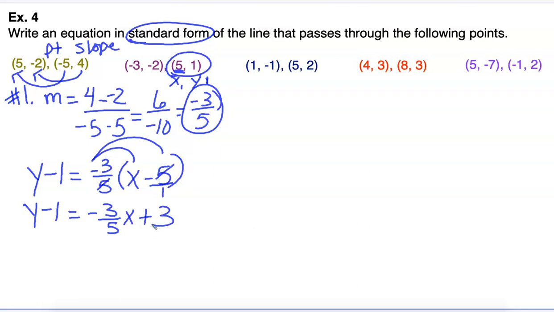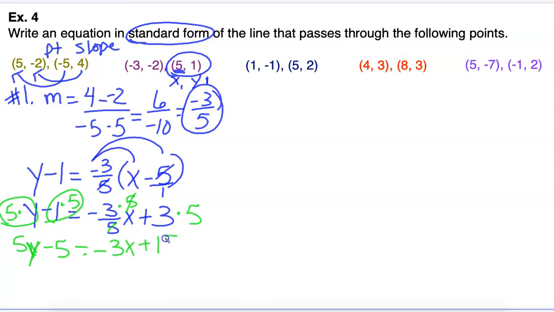This is the point where I would get rid of our denominator of 5, so we're going to take everything times 5. So this produces 5y, I think I said 5(1) by mistake. Equals, the 5's will cancel out here, and you get -3x plus 15.